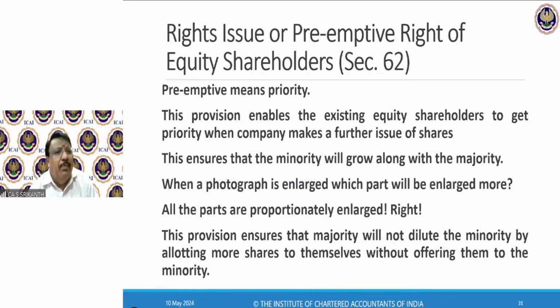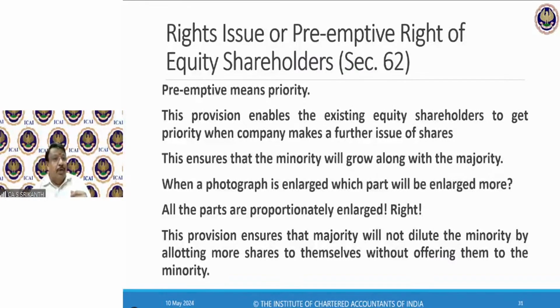So rights issue or the preemptive right of equity shareholders. See, basically, rights issue is meant to protect the minority. What happens? Suppose there is a company in which there are 1 lakh shares. Majority is holding 90,000, minority is holding 10,000. Now the company wants to go for a fresh issue. Now the majority, what they do, the entire fresh issue, they allot to themselves.